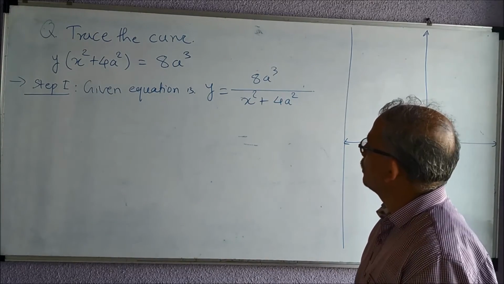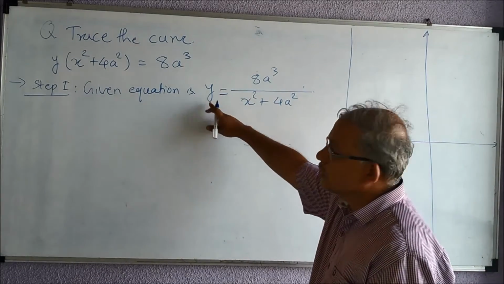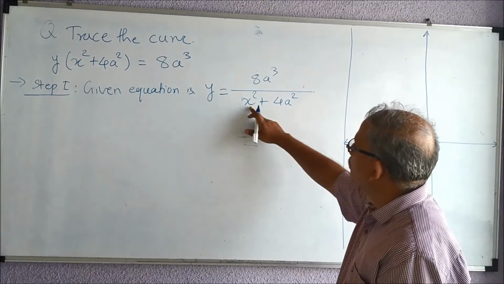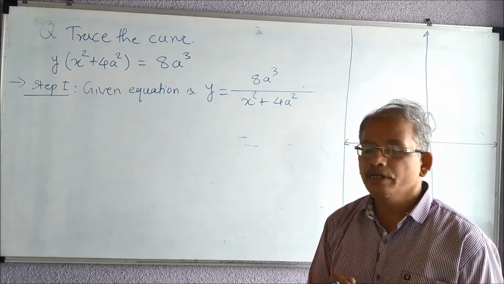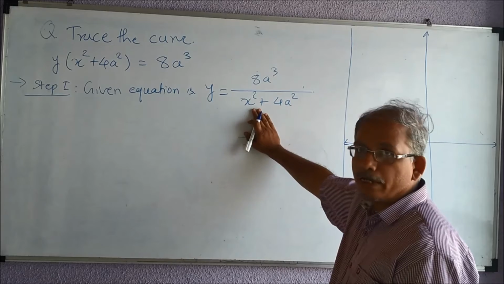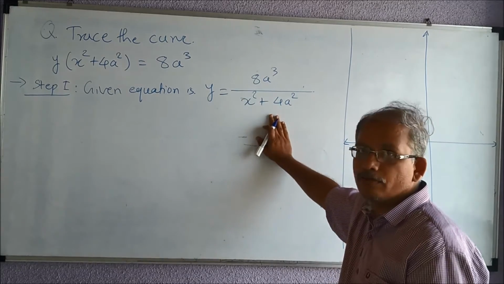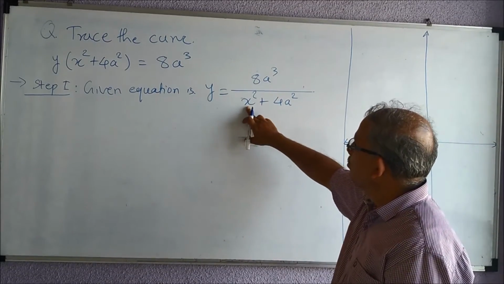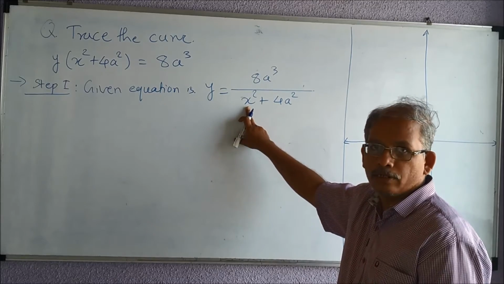Now you observe that here y is of odd degree and x is of even degree. That means if I replace x with minus x, there is no change in the equation, because minus x square is also x square.